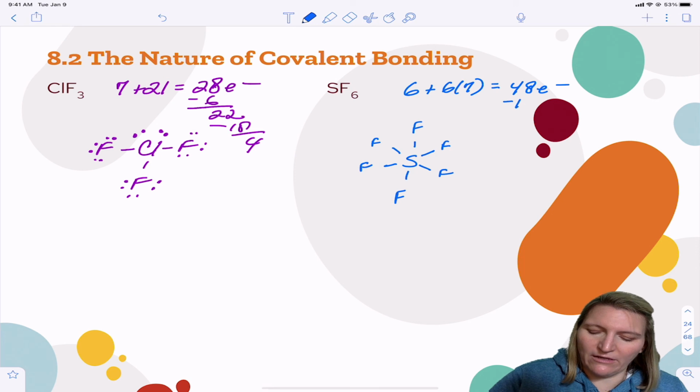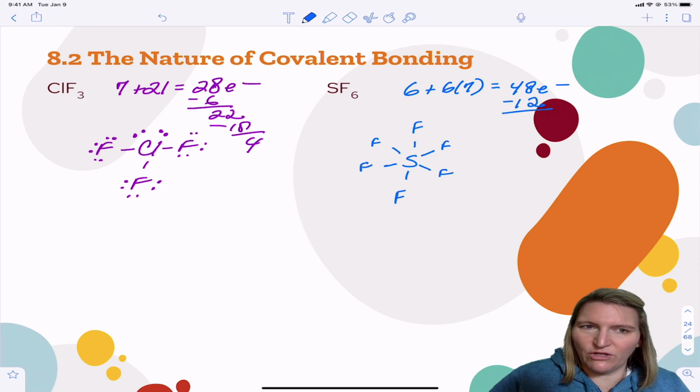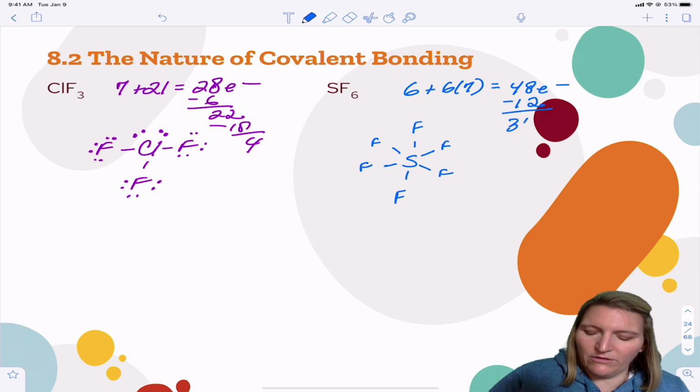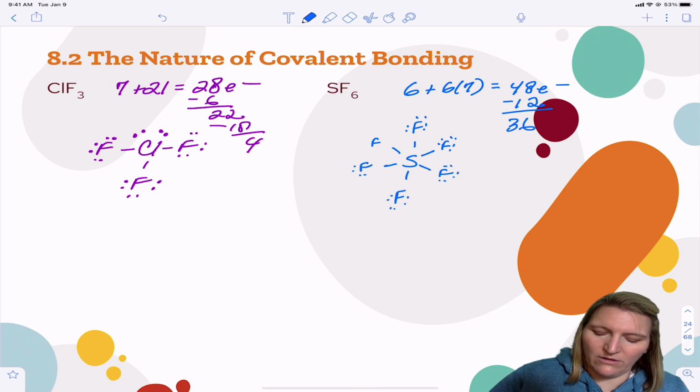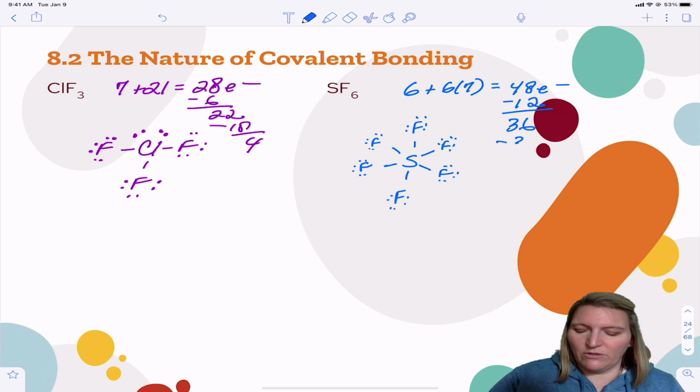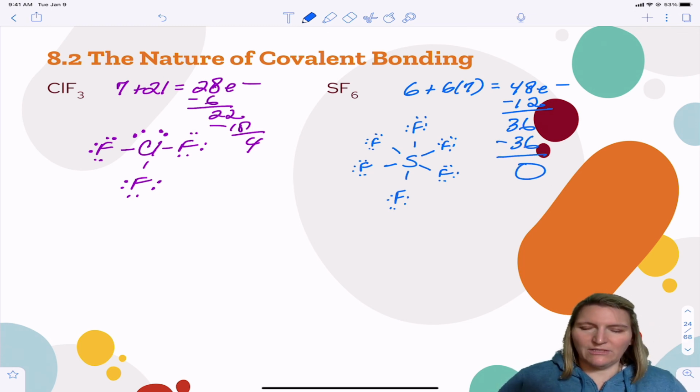I have to subtract the 12 valence electrons that I've just used, and that gives me 36 left over, which is actually a perfect number. That will give me enough electrons to put 6 around each of the outside non-central fluorine atoms. So I've used up all my valence electrons, but you can see in both of these scenarios, sulfur and chlorine actually have greater than 8 valence electrons around them.